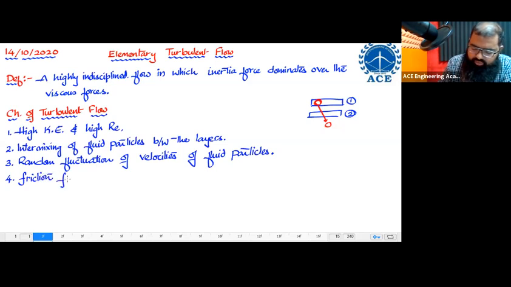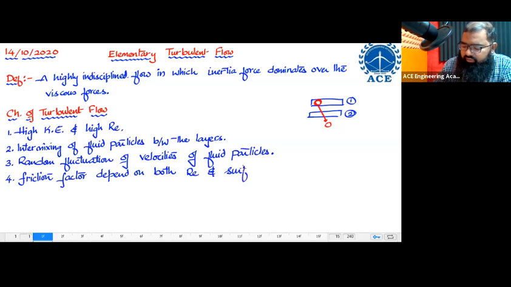That friction factor is going to depend on both: Reynolds number and surface roughness. This surface roughness is represented by epsilon. We'll have a detailed discussion regarding that as we move forward.